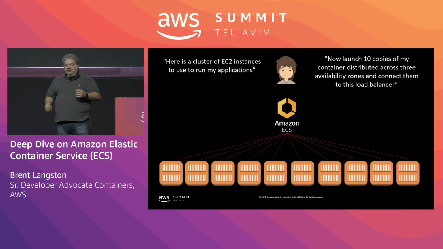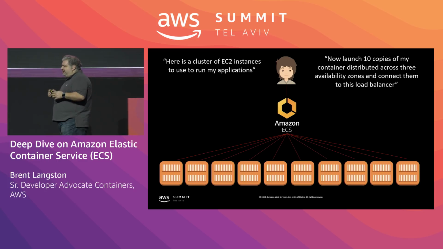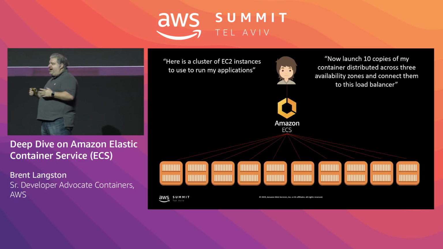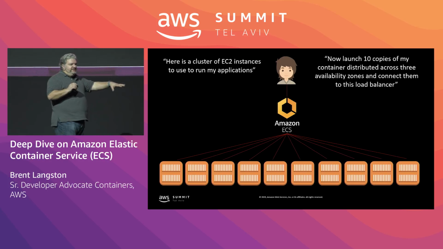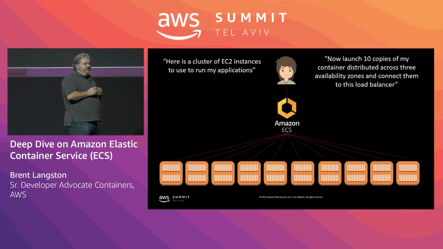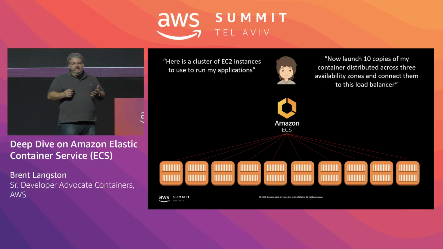So what we did is we built ECS. And ECS is this container orchestrator. What we decided to do was take a different approach to managing software and managing processes. Instead of trying to figure out, how do I run 3 containers on instance A and 5 containers on instance B, all I should have to do is describe what you want. Describe the end state.